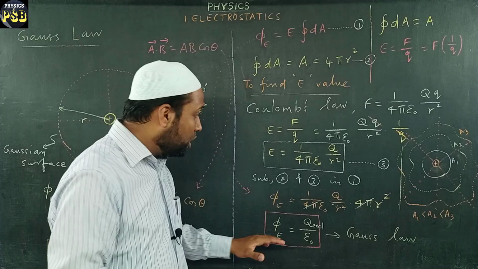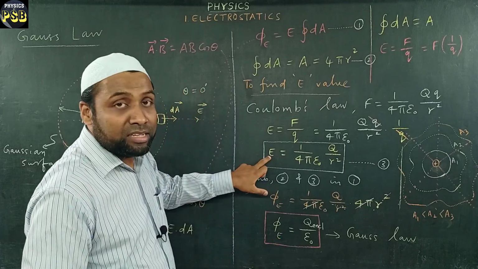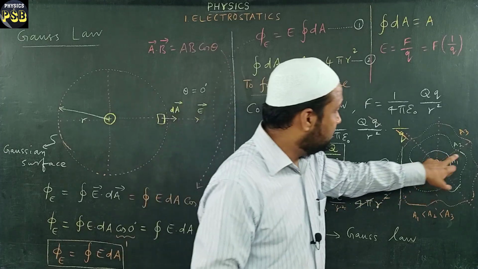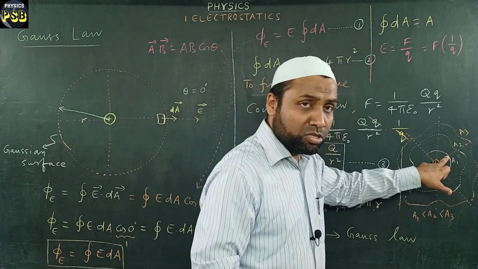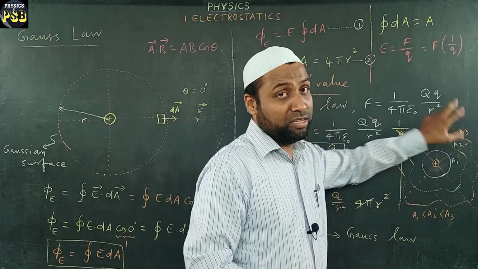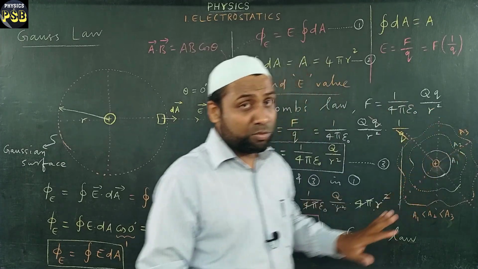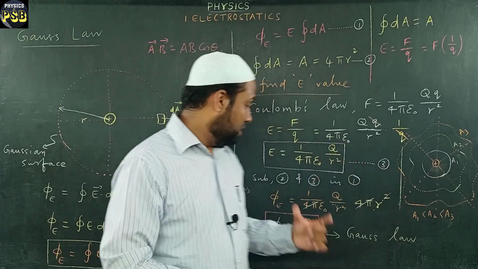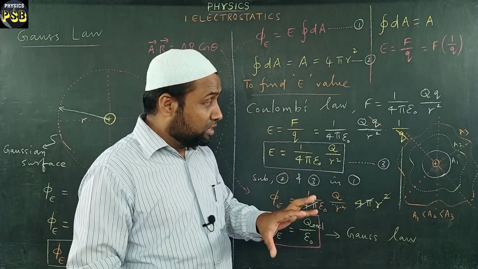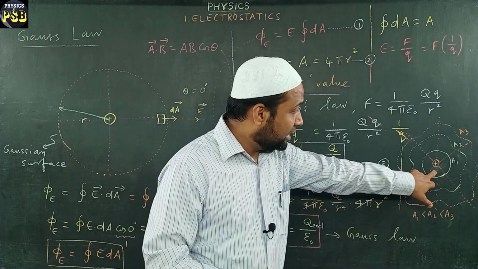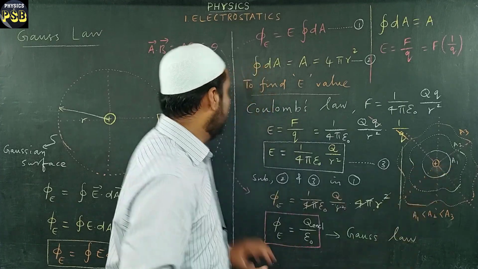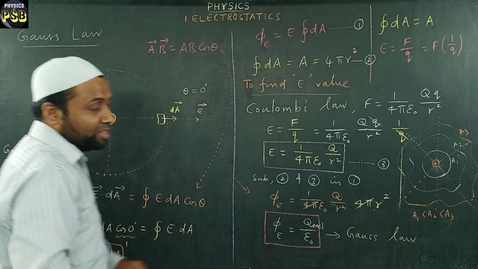But when we talk about the electric field, the electric field is present inside the closed surface and also outside the closed surface. So the electric field which is present inside and outside is taken, but when we talk about charge, the charge which is present inside the closed surface alone contributes in Gauss law.